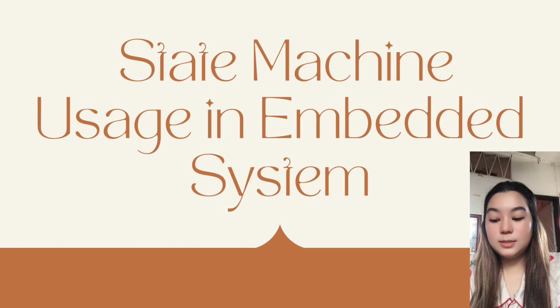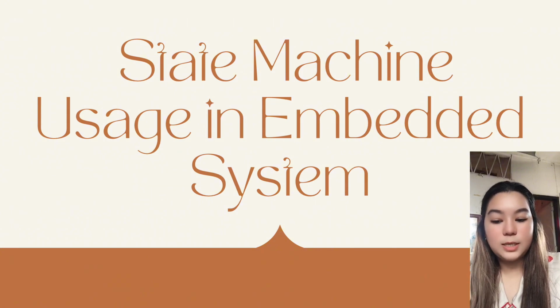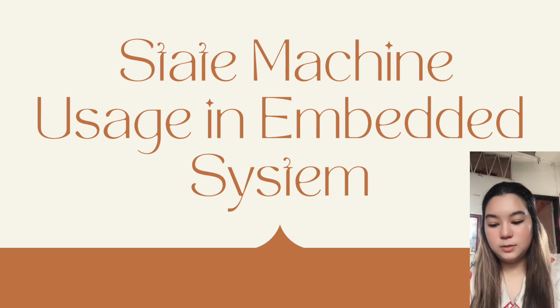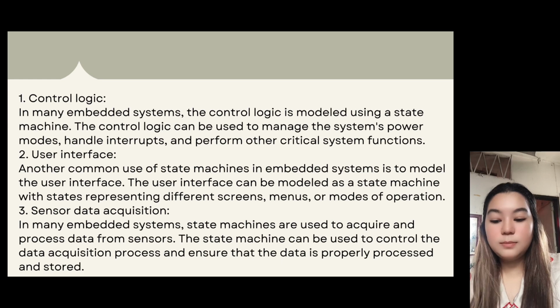It says here, state machines are very commonly used in embedded systems to model and control the behavior of the system. In embedded systems, the state machine is often used to represent the system's control logic or user interface. So next, we have here some examples of how state machines are used in embedded systems.